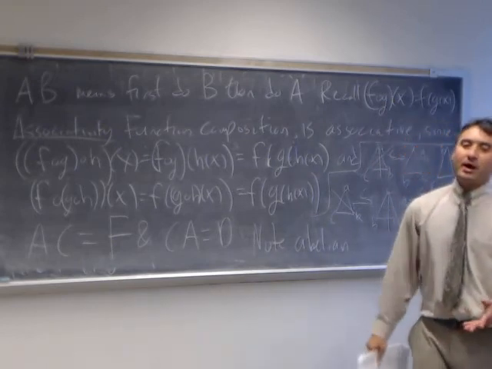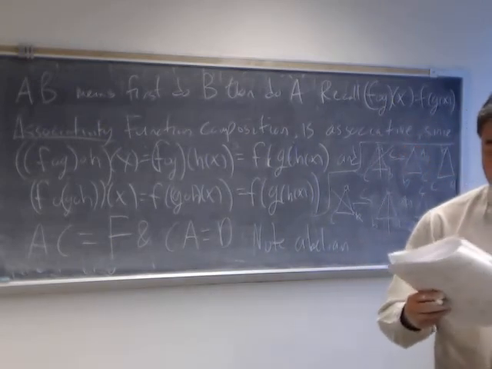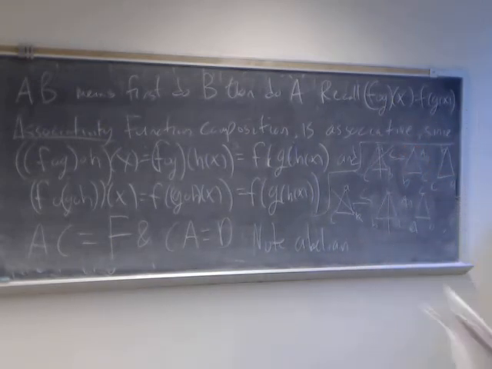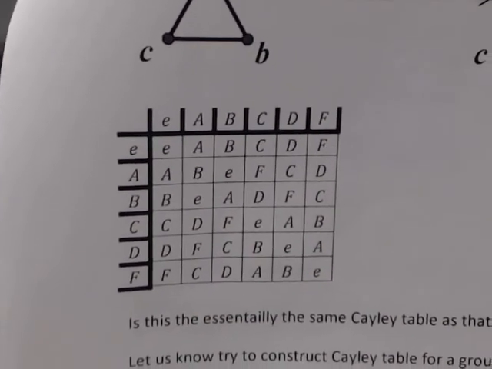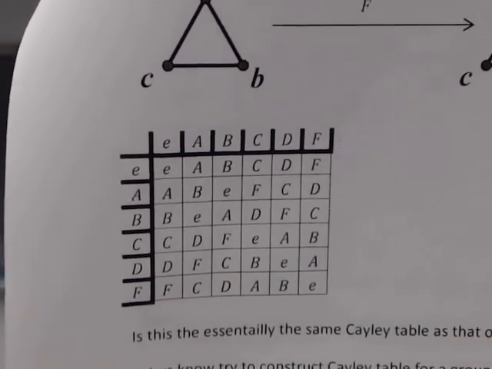Is it a group? I've included the Cayley table in the notes. And you can see, or maybe you can't because of the zoom feature, that there are no repeats. It is a non-abelian group.